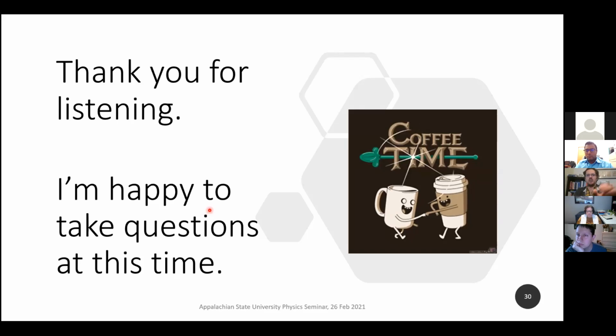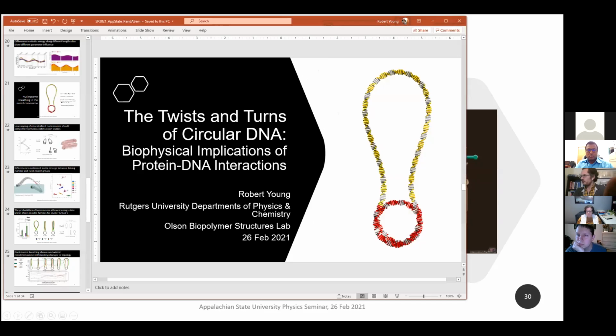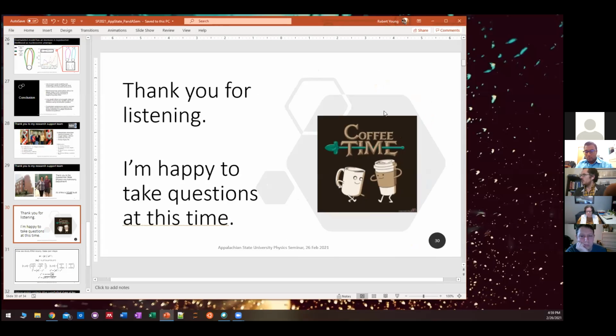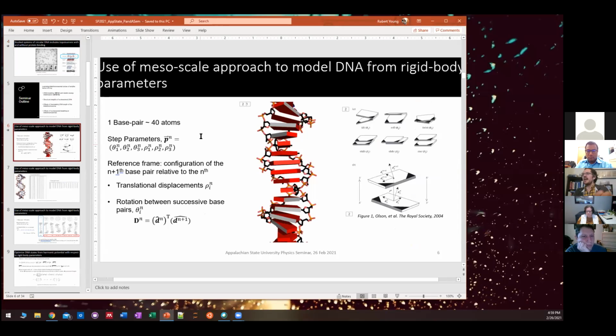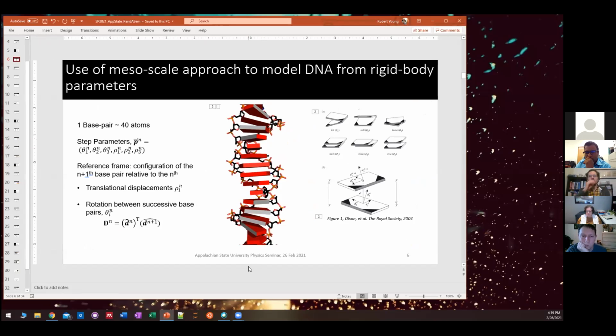Let me go back one quick second. Here, the slide, I mentioned that one base pair is about 40 atoms. So imagine accounting for 40 atoms over 40 interaction vectors for one base pair, let alone 150.